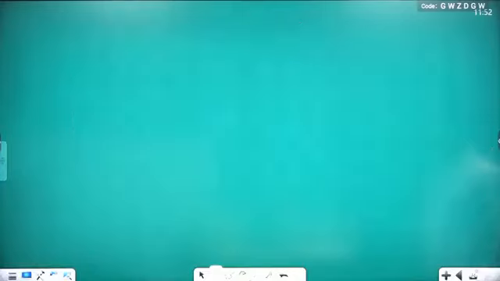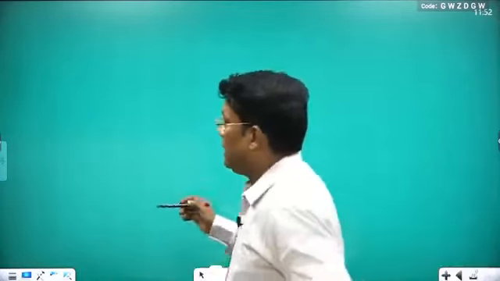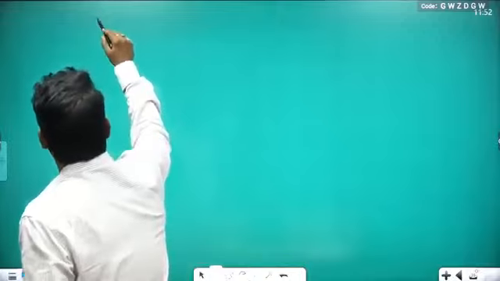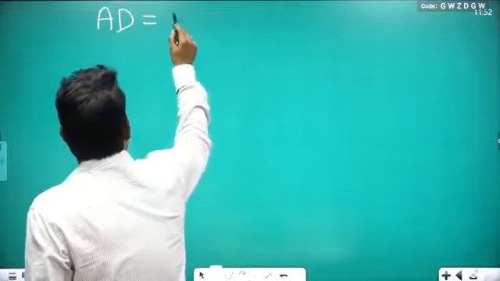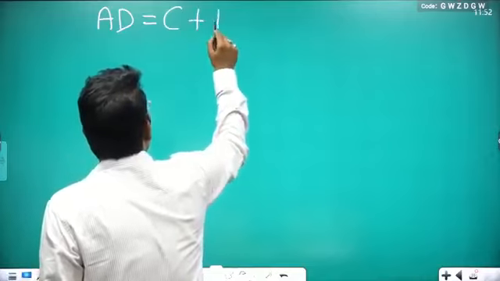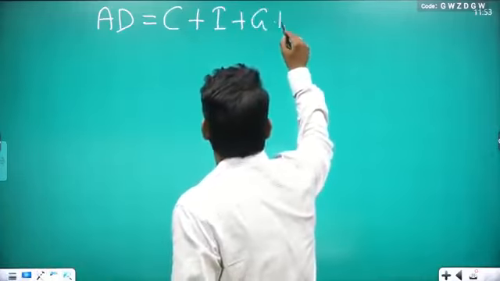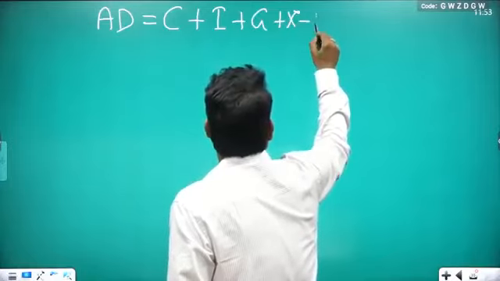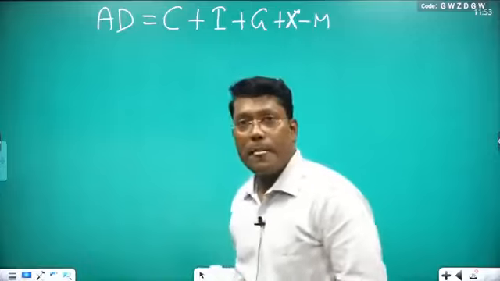So till here we are getting only one thing: for whole economic activities, aggregate demand is what matters for us. In the last class we developed aggregate demand equal to C plus I plus G plus X minus M, that is export minus import.